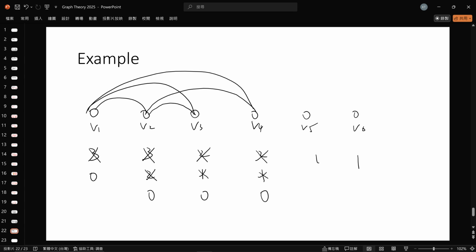And then this finishes the second round.